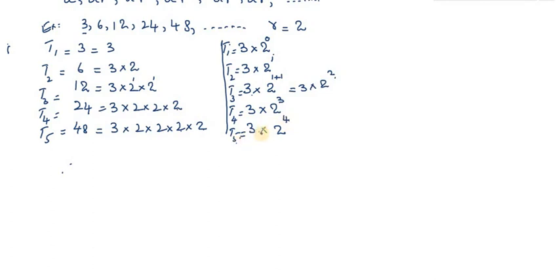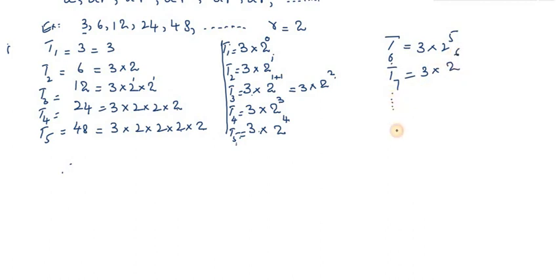That means the power is one less than the number of the term. Similarly, the sixth term will be 3 into 2 to the power 5, and the seventh term is 3 into 2 to the power 6.